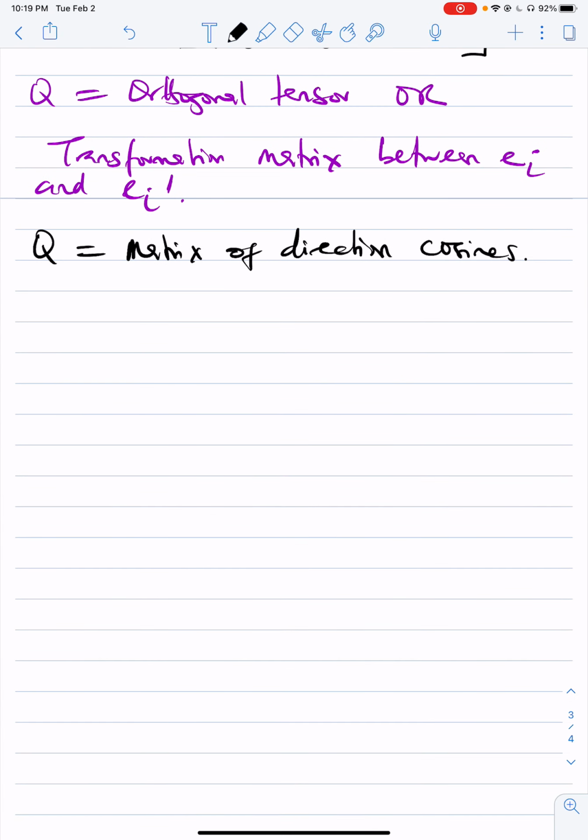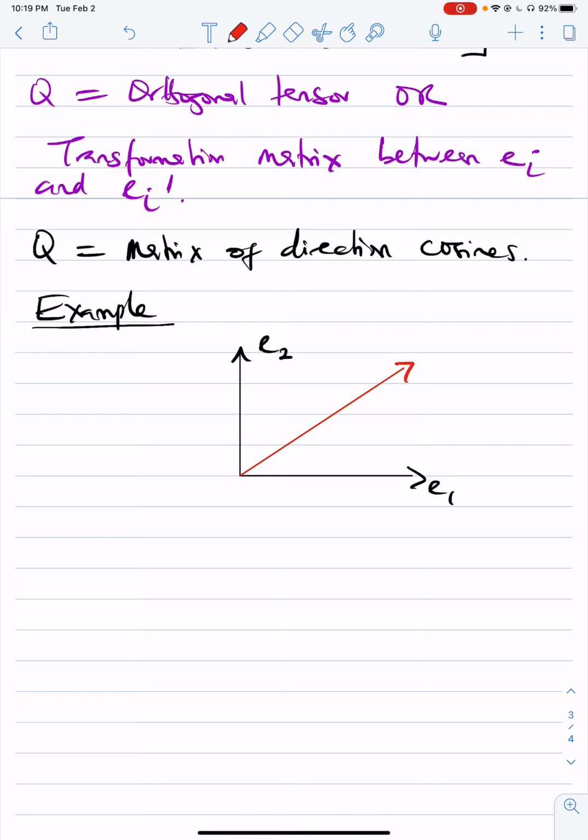Well, let's look at an example to put things in perspective. If we have a coordinate system E1, E2, and the rotated coordinate system will be in red, E1 prime, E2 prime.